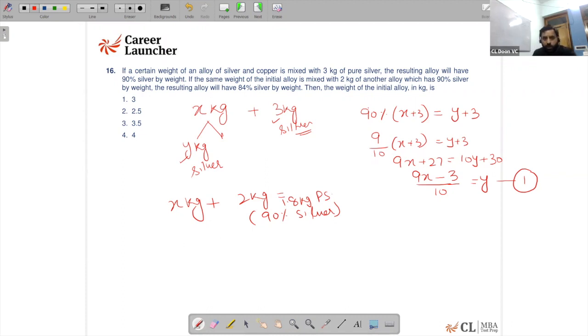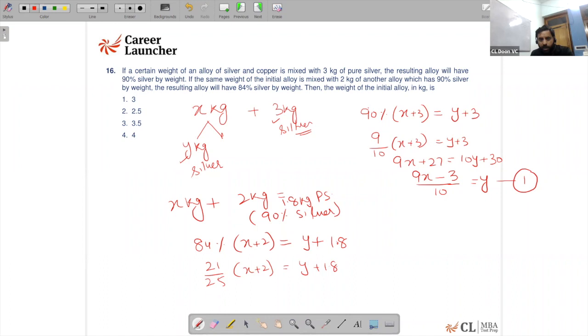So the total weight will be x plus 2. So I can say 84% of the total, which is x plus 2, is the total amount of silver, which we know is y kg in that x kg alloy, plus 1.8 kg out here. So if we write 84% as 84 by 100, which is nothing but 21 by 25, into x plus 2 is equal to y plus 1.8.